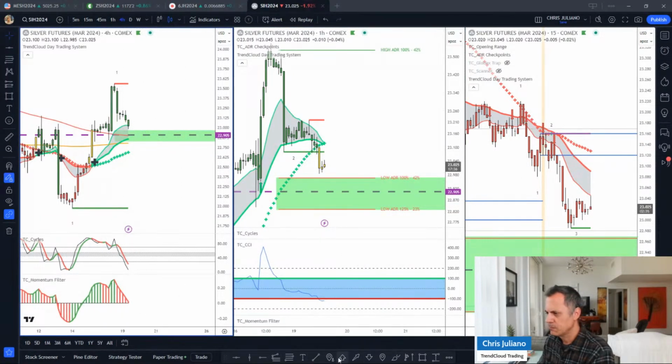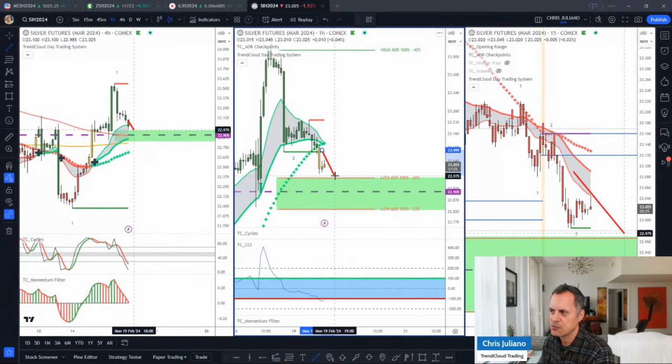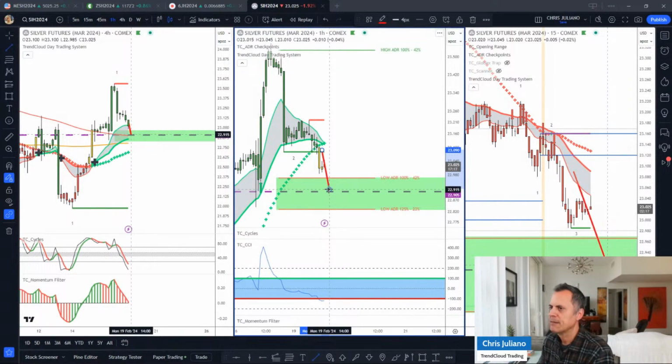What we want to do is wait for price to actually enter that area and start hitting some of these levels, right? Let's say it comes in a little bit past that first ADR checkpoint, right? And hits that 200 simple moving average. Okay, great.